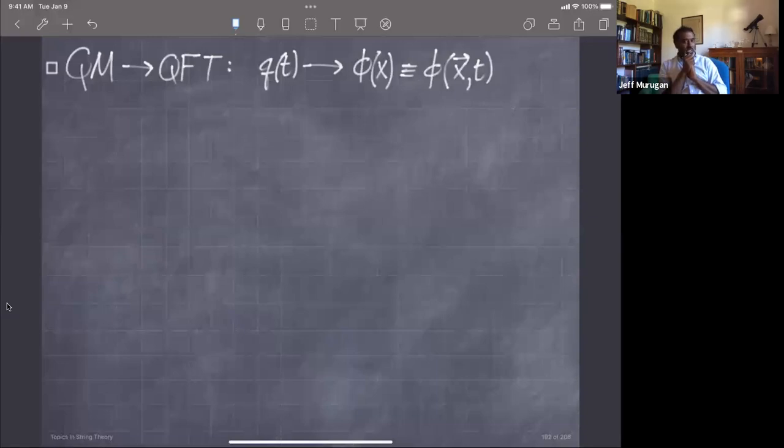And the generalization from quantum mechanics to quantum field theory is pretty much exactly how you would expect it to be if you just did the naive thing.